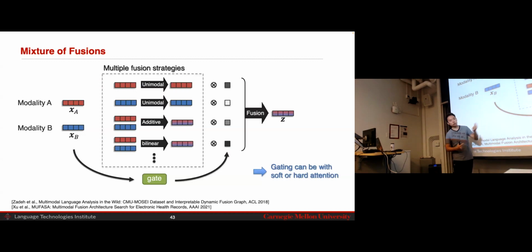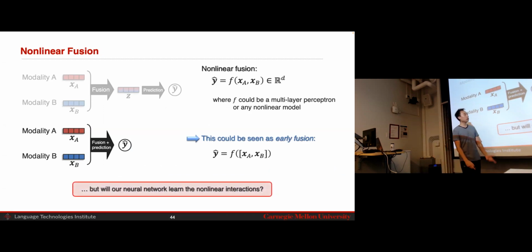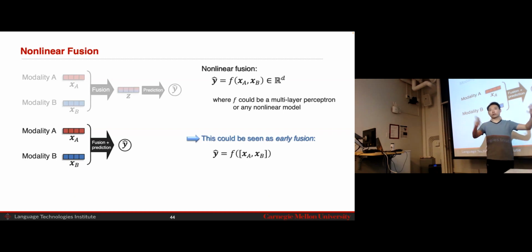So maybe a unimodal model gives you some outcome, an additive model gives you some outcome, a gated fusion gives you some outcome, and you can get it to the label level or even representation level. And you can use a gate to determine what weight to assign to each of these models. Yes. In the extreme case, nonlinear early fusion, and you let your neural network try to learn everything.